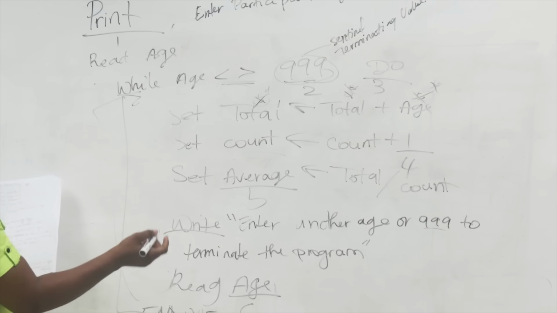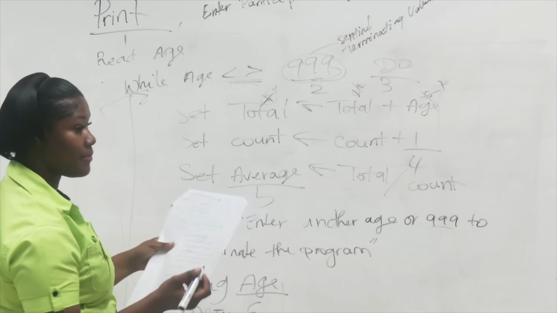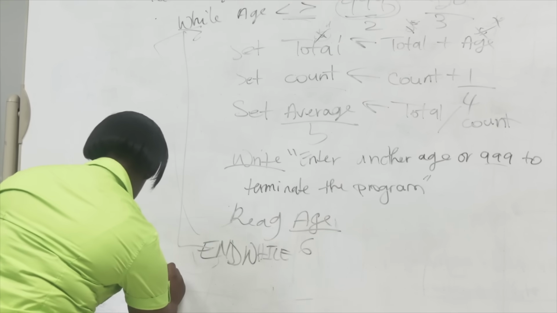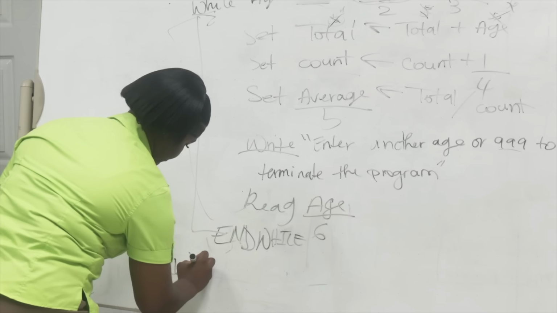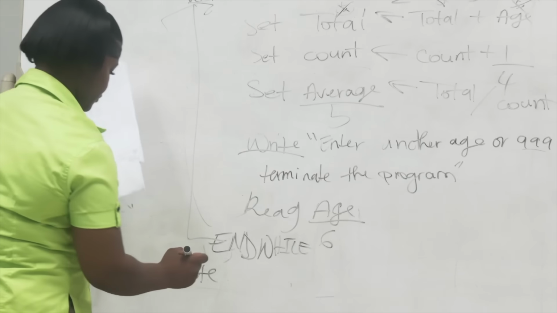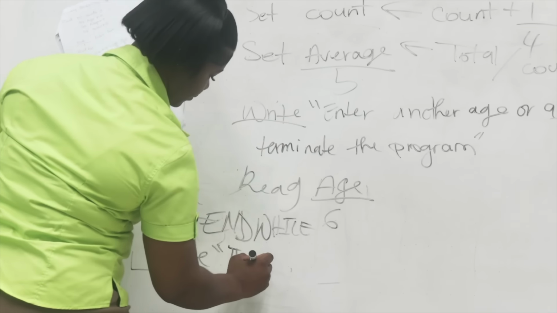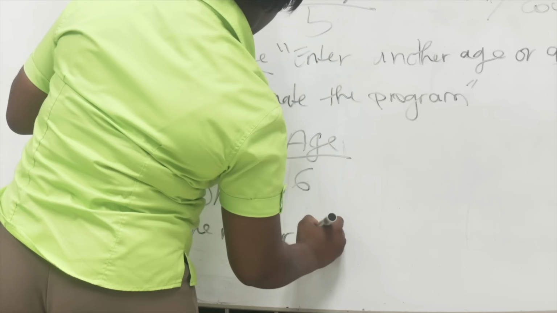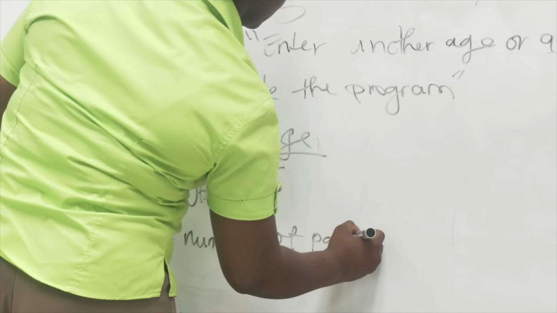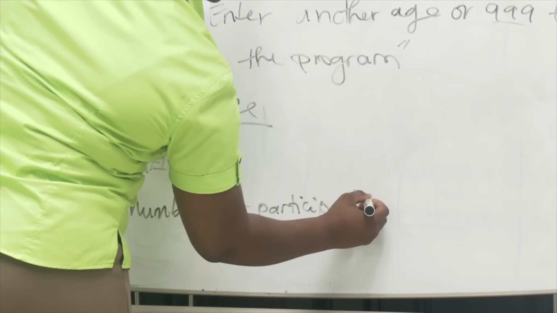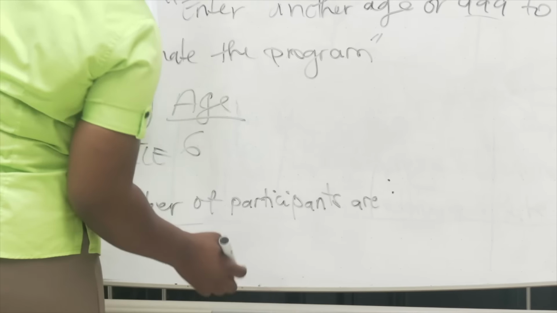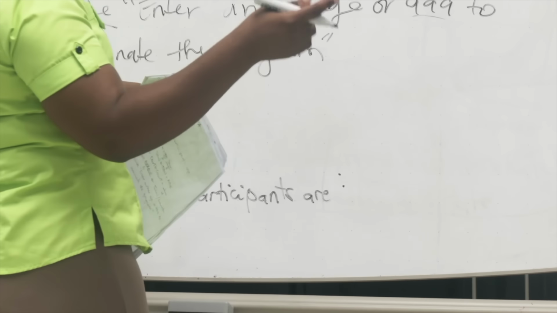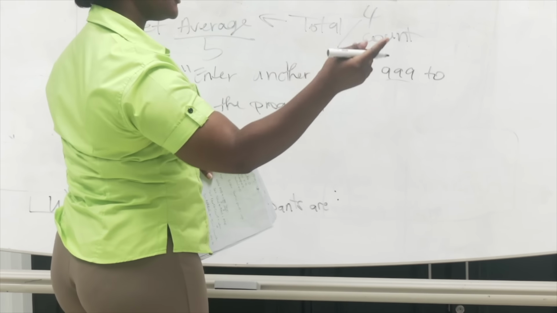And then I want to output the number of participants as well as the average age of participants. So we write, the number of participants are, and remember, I stated that count was already keeping track of how many times the loop will run, which means that's the same number of ages that we got.